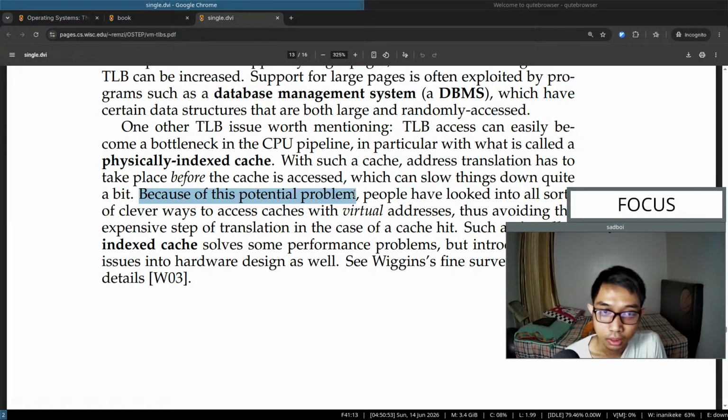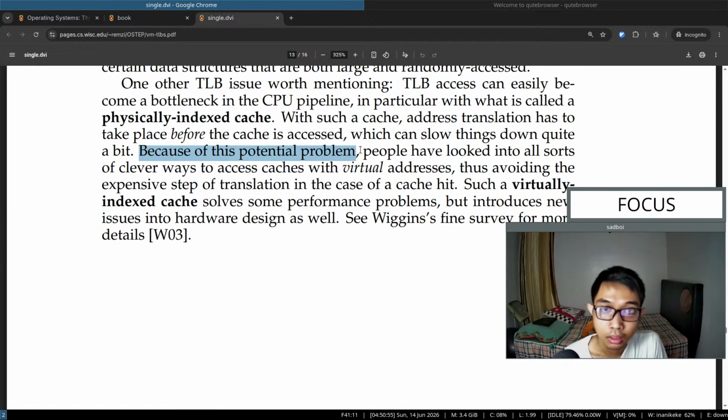Because of this potential problem, people have looked into all sorts of clever ways to access the cache with virtual addresses, thus avoiding the expensive step of translation in the case of a cache hit.